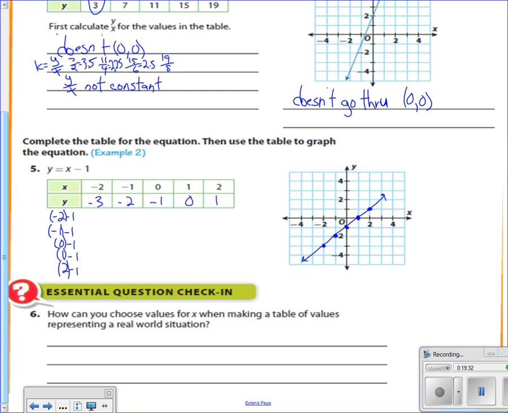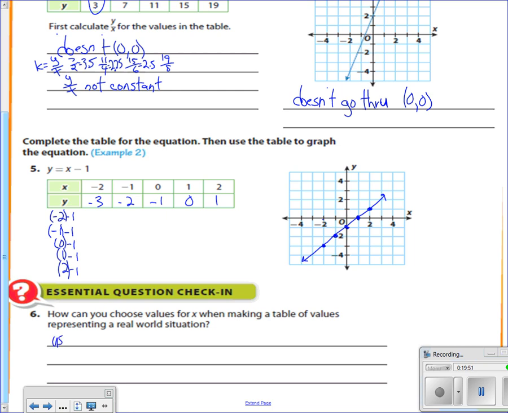All right, so it's a question, how can you choose values for x when making a table of values representing a real-world situation? Basically, choose values for x in a real-world situation. Use ones that are going to make sense for the situation.